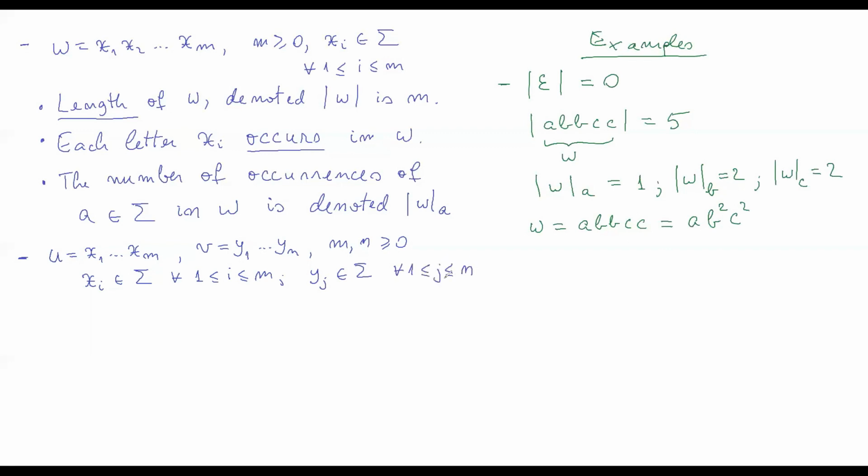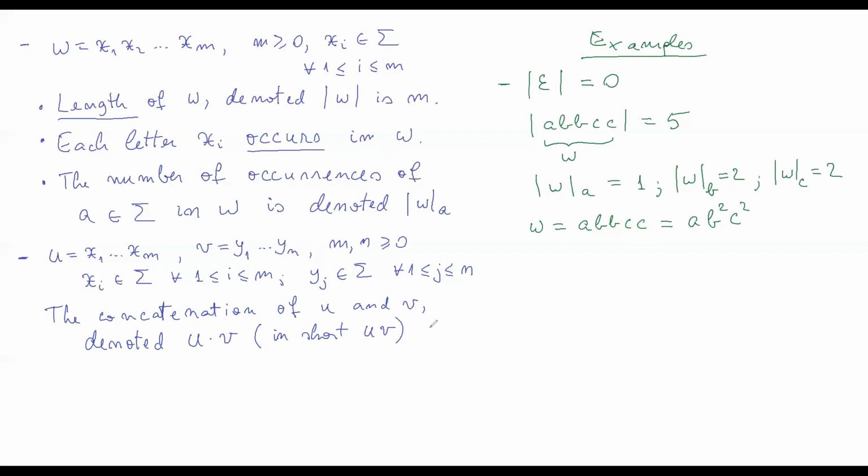So if I have 2 such words, the concatenation of U and V, denoted U times V. But also sometimes we'll just write in short UV. So we are omitting the dot between U and V.